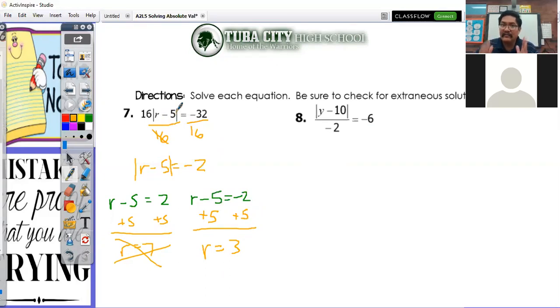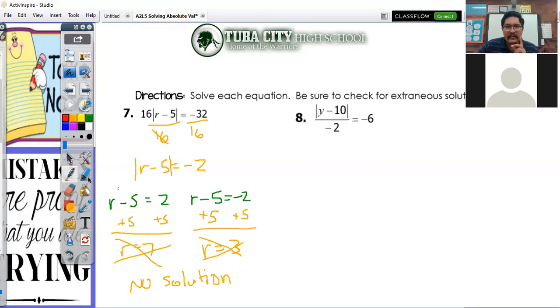But it's still absolute value, so that's going to be positive 2. 16 times positive 2 is positive 32, but not negative 32. So this one does not work either. So this one has no solution. Okay, there's nothing I can put in there that's going to work. And sometimes it's just like that.